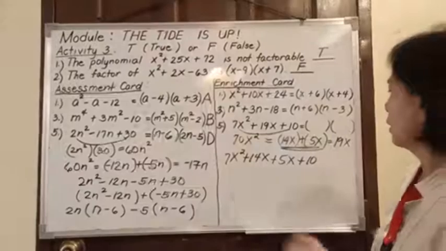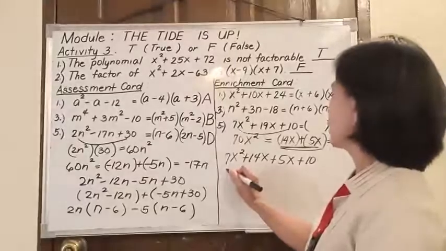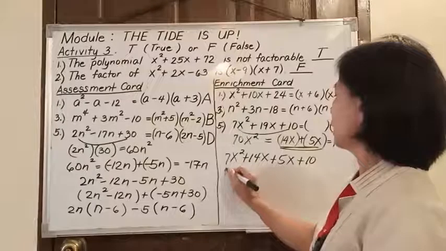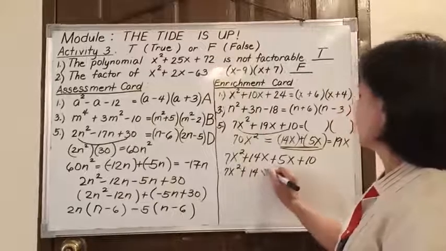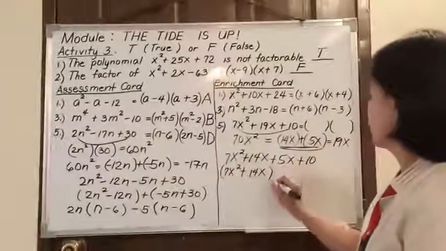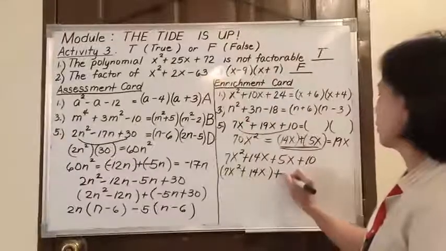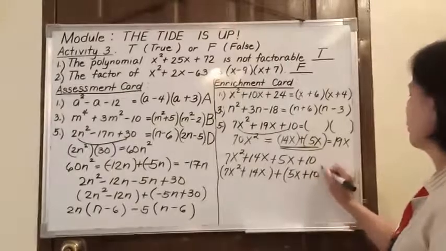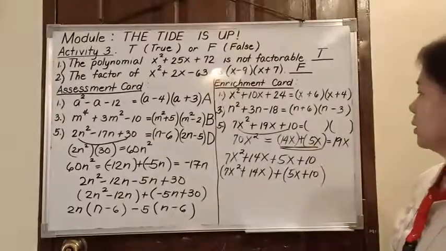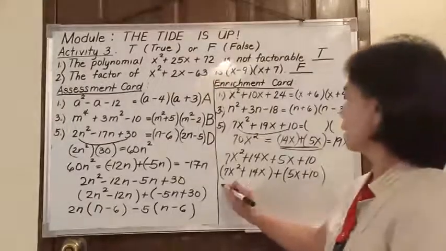Then, by factoring by grouping, AC method tayo ulit. 7x squared. Pagsamahin natin first and second term sa isang group. Then, yung second group natin should be with the third term and the last term. We get the greatest common factor of 7 and 14, and that is 7.